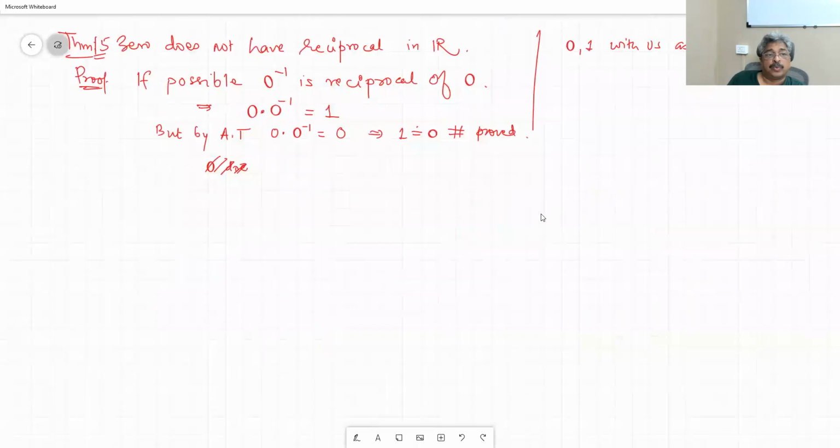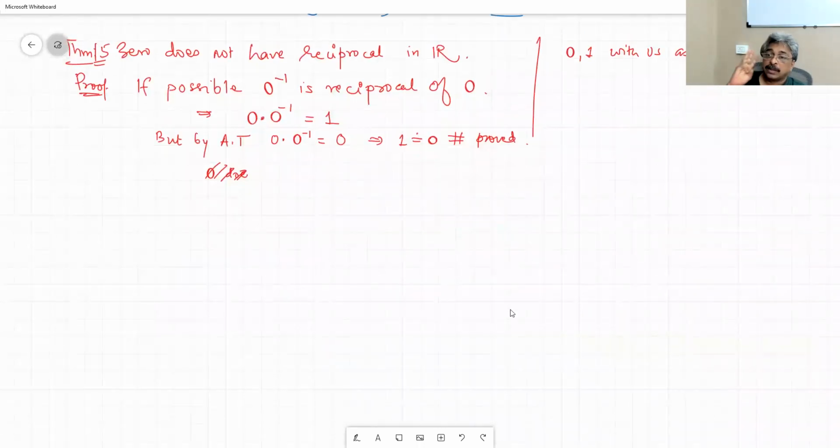Now, let me show you why we require 3 more properties.